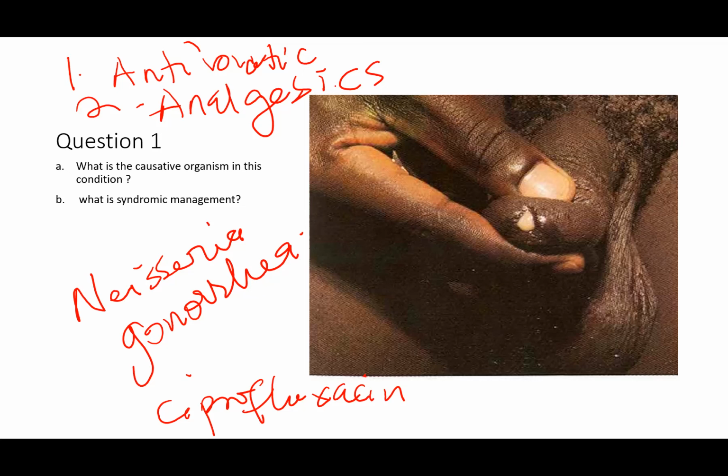Now, how is this prevented? Of course, you use protection during sexual intercourse. And also, if you don't treat the partner of this patient, it is going to be recurrent. So when a patient has this sexually transmitted urethral discharge, you don't treat only one of the partners. Okay, you have to treat both.